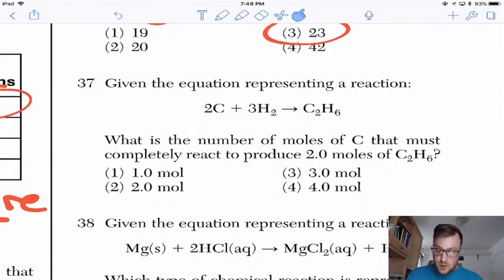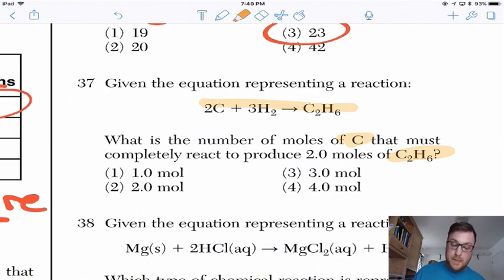What is the number of moles of carbon that must completely react to produce 2 moles of ethane? Anytime you have a mole problem involving more than one substance, do not use the mole equation on your reference table. I repeat, do not use the mole equation on your reference table. If you see 2 different substances and a problem involving moles, you are going to use the balanced equation provided to you.